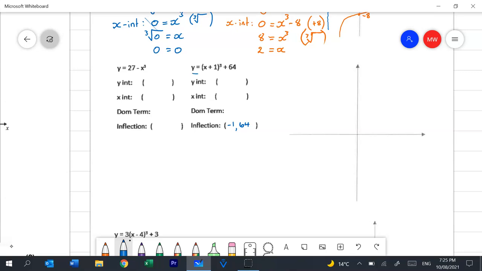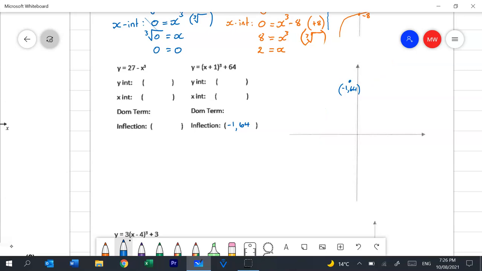And I'm getting that from this value here and this value, same as what we did. So we know that here at -1, 64 is going to be our point of inflection. So it's going to look something like this when we graph it.